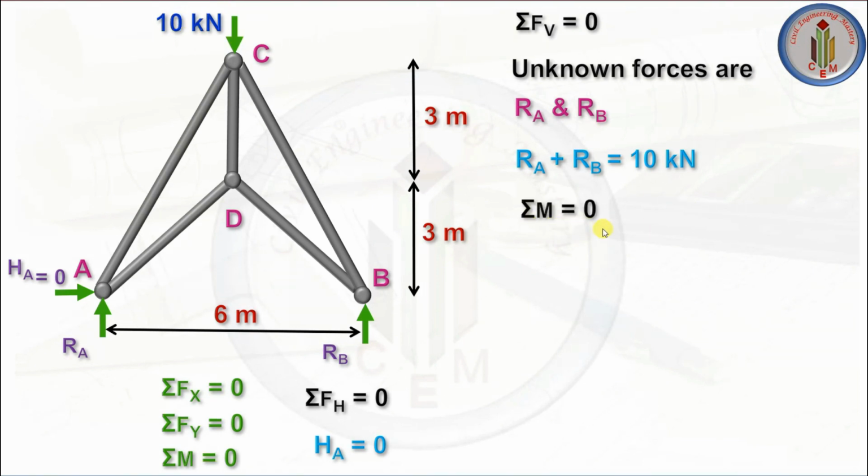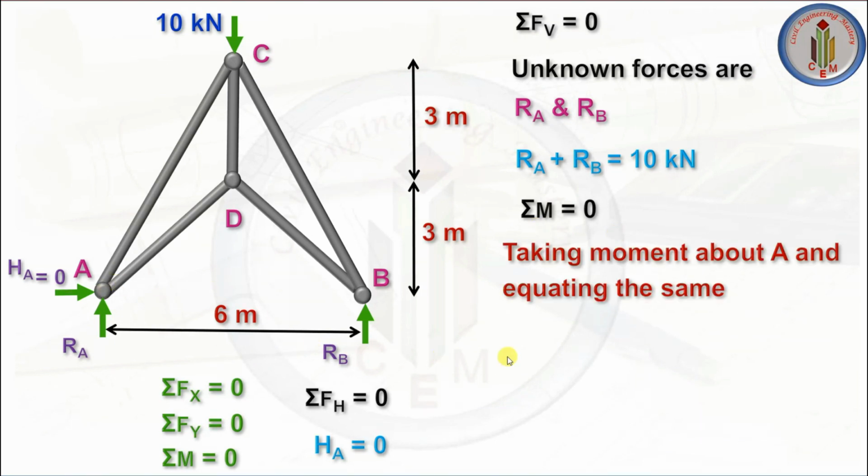Summation of moment is equal to 0. By seeing this geometry, we can easily say that the external force will be distributed to RA and RB. Half of the load will go here, half of the load will go here. But still I wanted to show you how to take the moment about the axis. Taking moment about A: you have to be very careful with the sign convention.